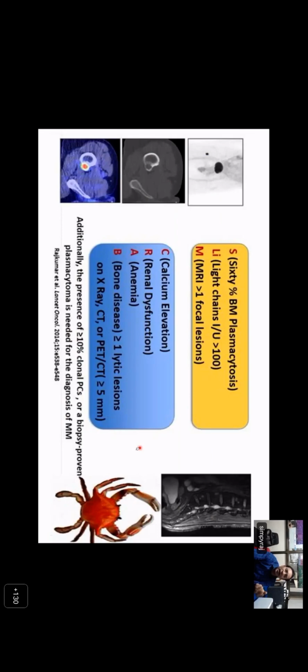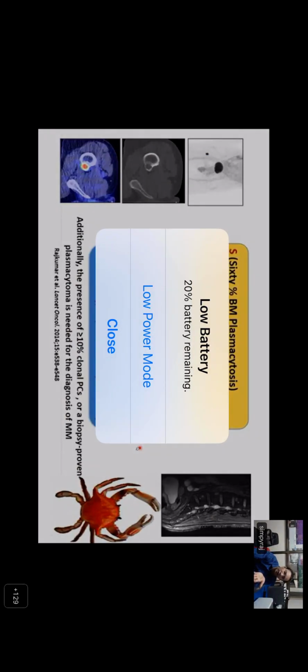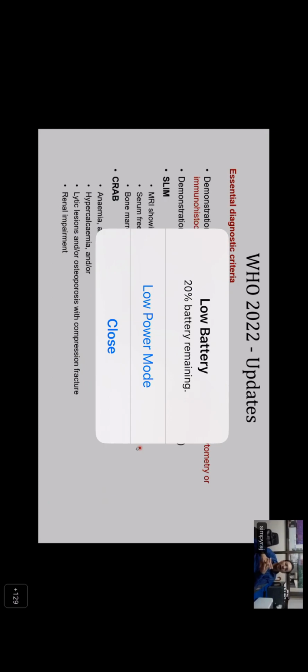So this criteria has now been defined, not only CRAB but SLiM CRAB: 60% plasma cells in bone marrow, light chains ratio more than 100, and more than one focal lesion in MRI. So these are the relatively new criteria for myeloma defining events. And WHO has given out the same SLiM CRAB criteria in the updated 2022 version.